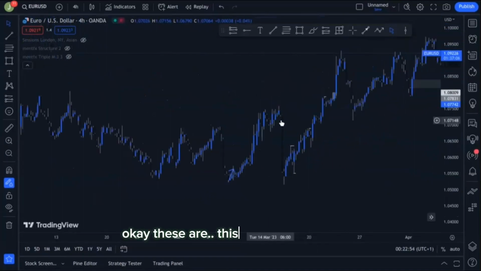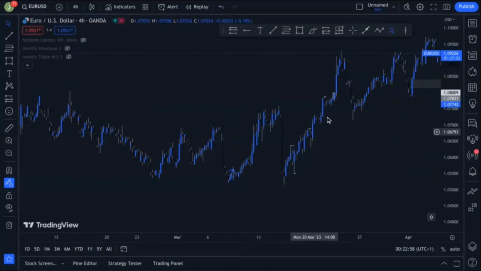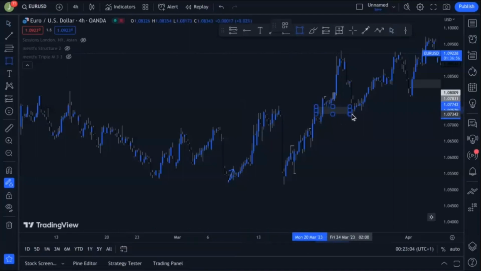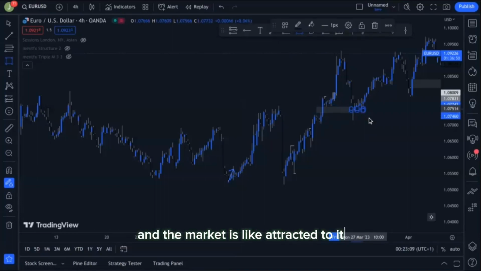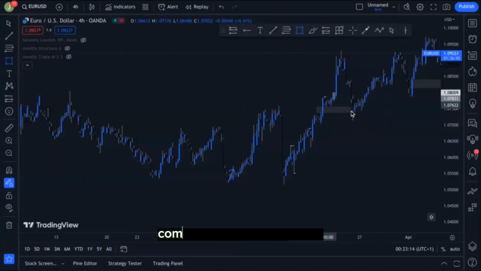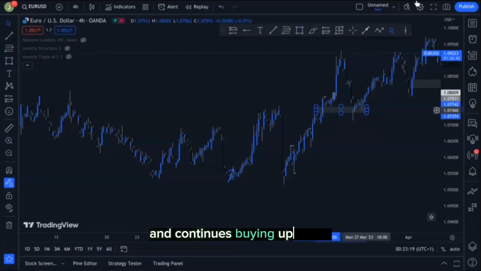Okay, this is also an imbalance. You see the market fill it back. This is also an imbalance. This little gap that you have seen here, that's also an imbalance, and the market is like attracted to it. Comes back, wicks through it, and continues buying upwards.